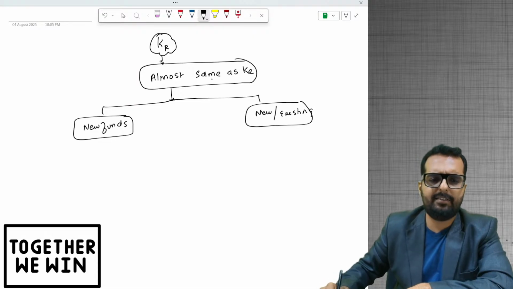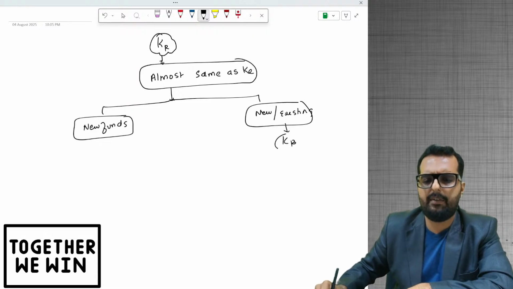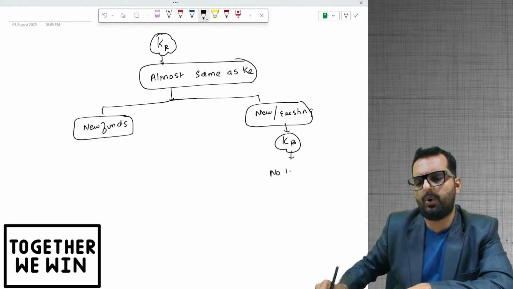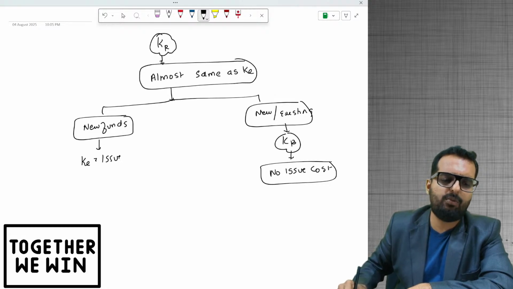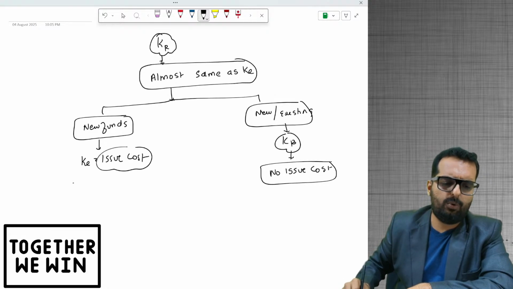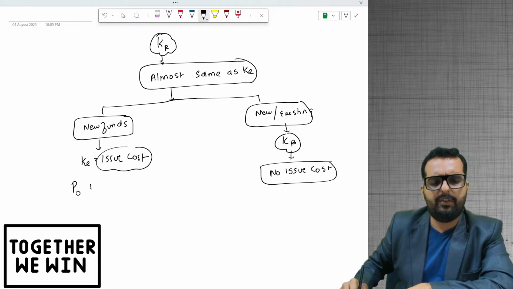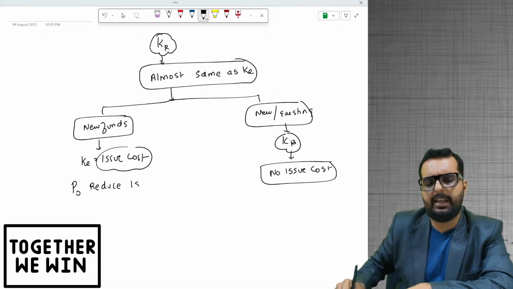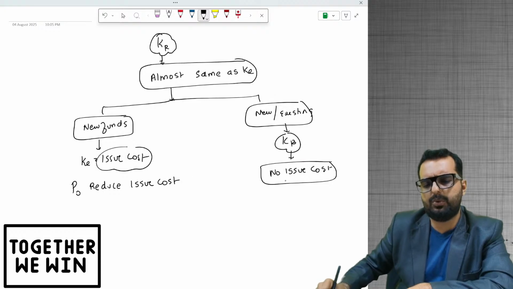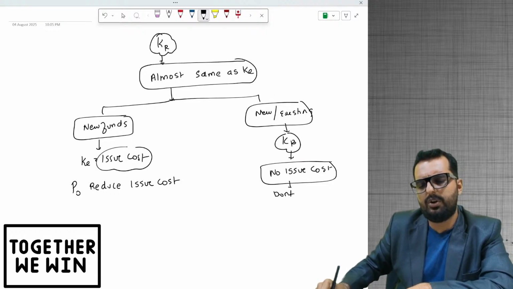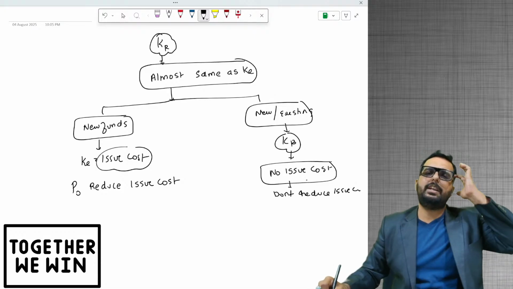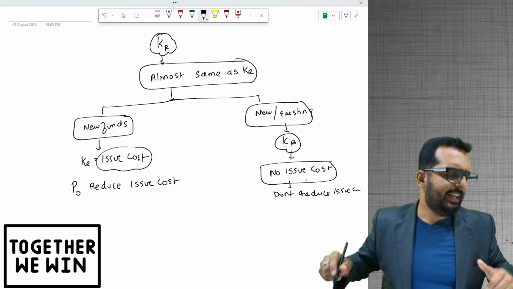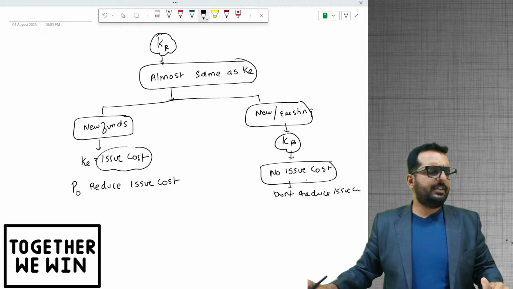So in KR, there is no issue cost, whereas in KE, you have issue cost. So here P0, from the price, we will have to reduce the issue cost. In KR, don't reduce the issue cost. That is the main difference between KE and KR. Everybody clear with this part now?